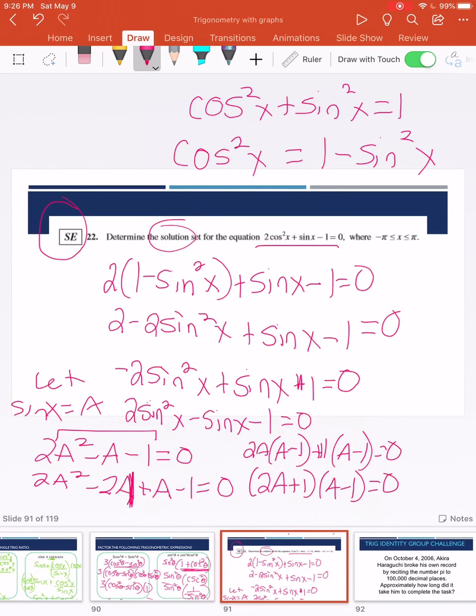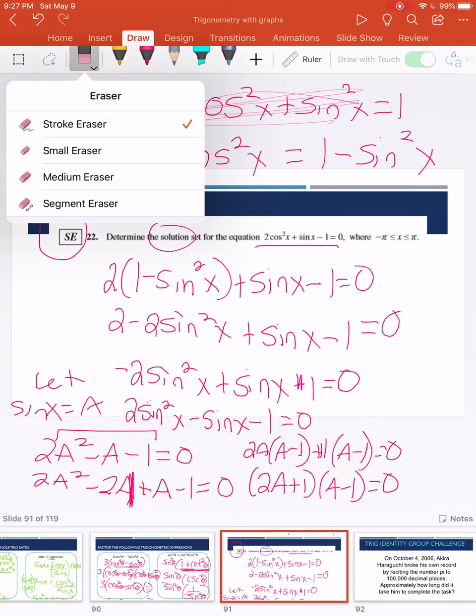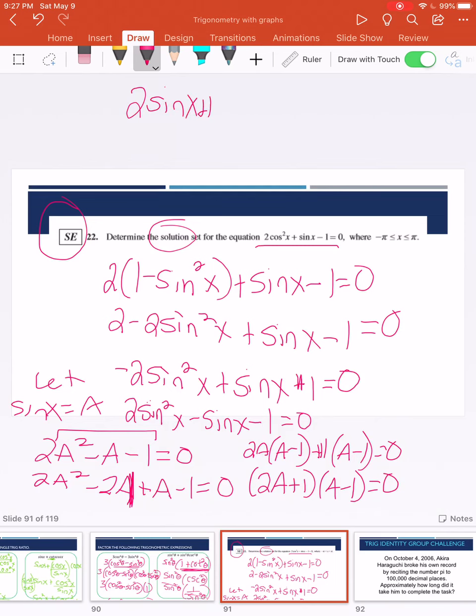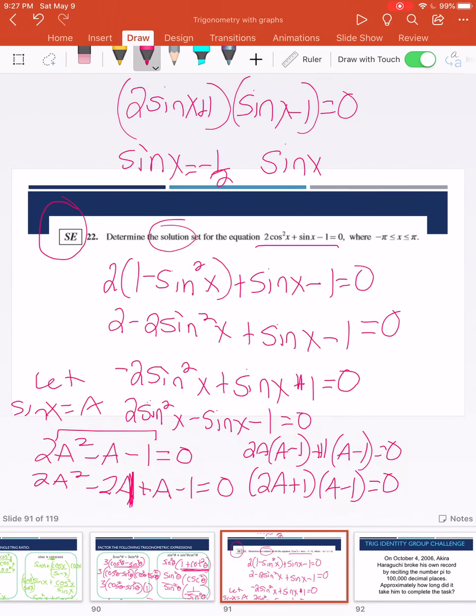Now that I've factored, I can replace, and I'm just going to erase this up here and continue the question up top because I wrote a little too big here. Okay, so I end up with 2 sine x plus 1 as one factor, and my other factor is sine x minus 1. So I can solve both of these factors. I end up with sine x equals negative 1/2 as well as sine x equals positive 1.